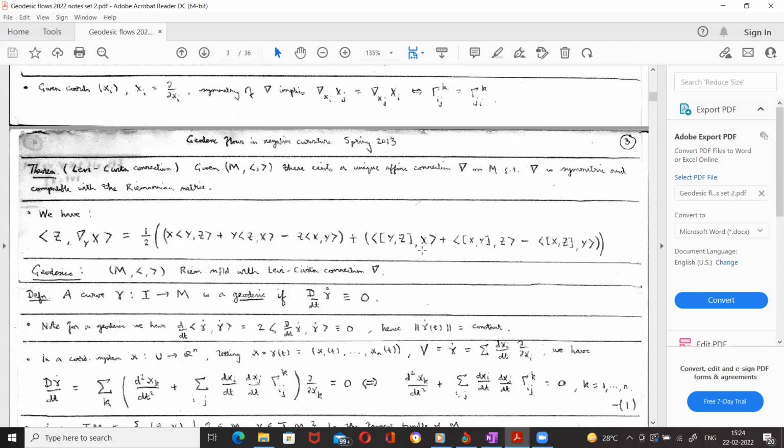It's the same formula: you take the derivatives in Rn and then just take the tangential component. That gives you the Levi-Civita connection, because we checked that it is metric compatible and symmetric. So for a submanifold of Rn, we have an explicit construction of the Levi-Civita connection. It's just the tangential component of the usual Euclidean connection, if you like.